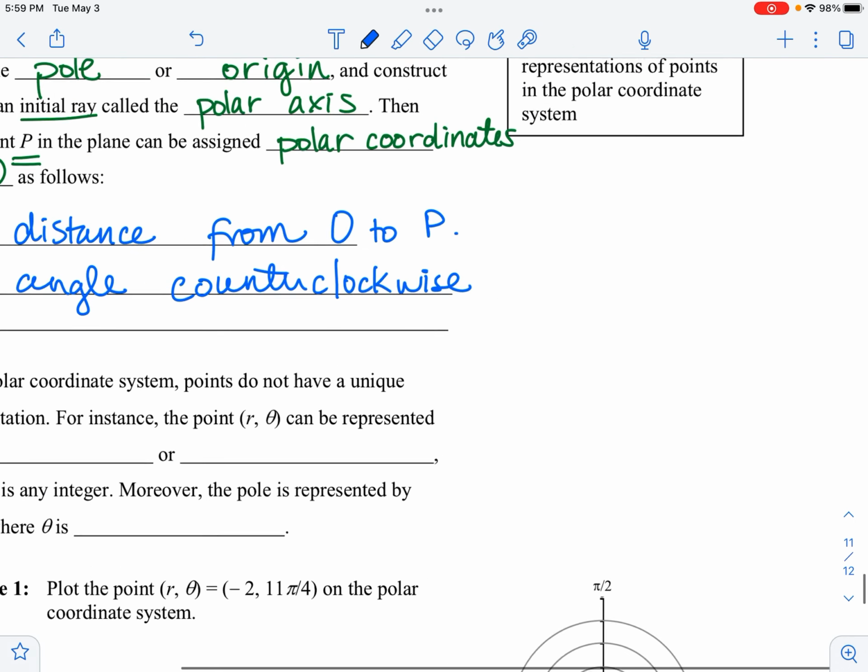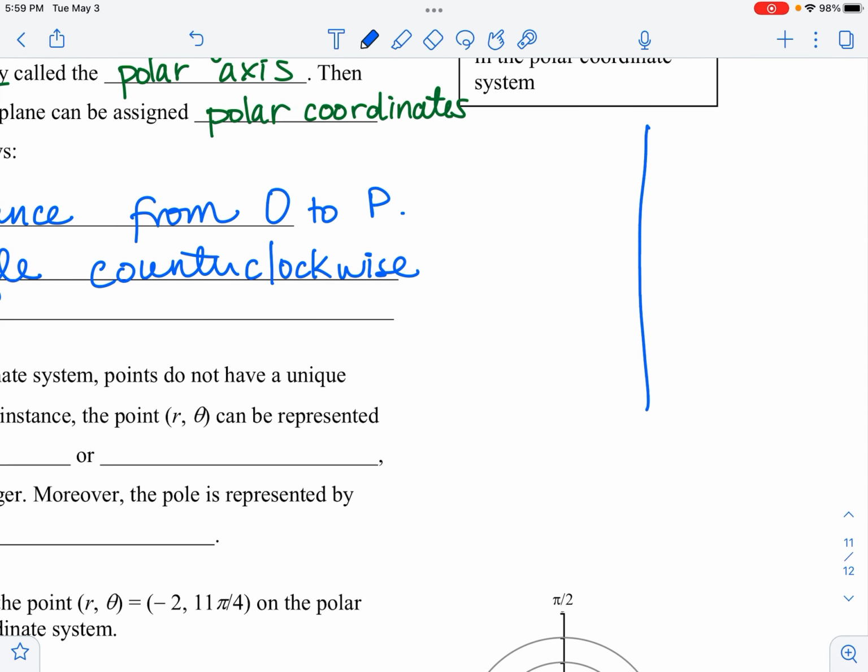So let's go back and talk about what a polar coordinate grid is. So we kind of have this axis. A circle like this would be the first distance of 1 from our origin or our pole. So this distance here is a distance of 1, where we would call that a radius of 1.